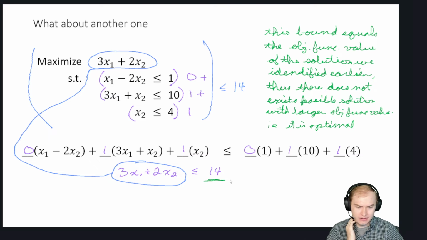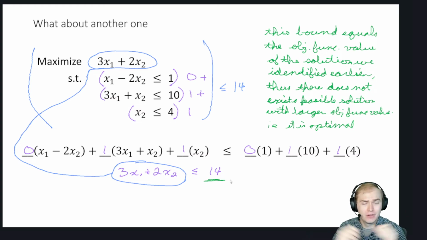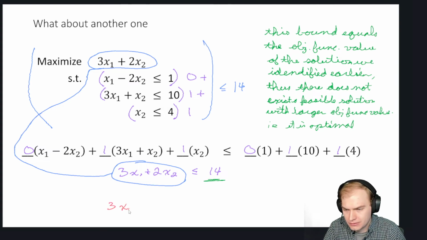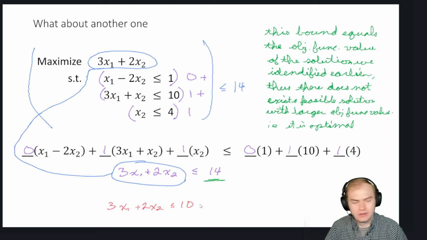That means that if we found by some sort of magic a better linear combination, a linear combination that gave us a bound of 11 or 5, we would know that something is wrong with that bound, and it's not actually true because it contradicts a solution we found. Suppose, I guess, that we found some linear combination that gave us this equation.